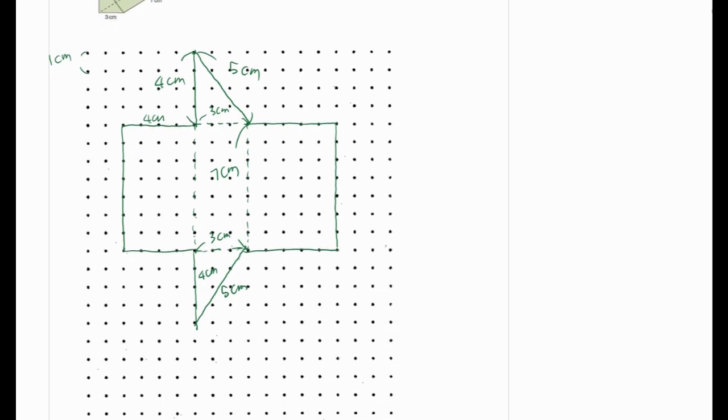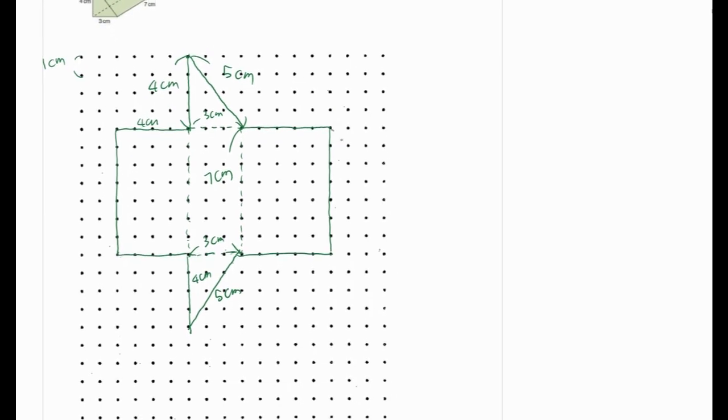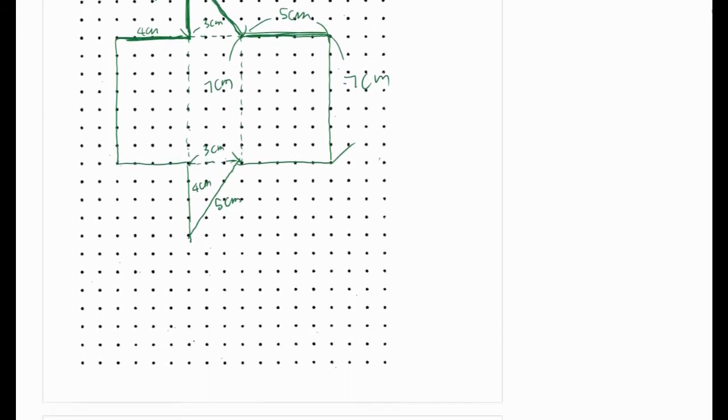And remember, everyone, after finishing it, you always need to label. And remember, if this part is 4 centimeter, this part should be 4 centimeter. And if this is a 5 centimeter, this part should be 5 centimeter as well, because they cover each other. All right, let's move on.